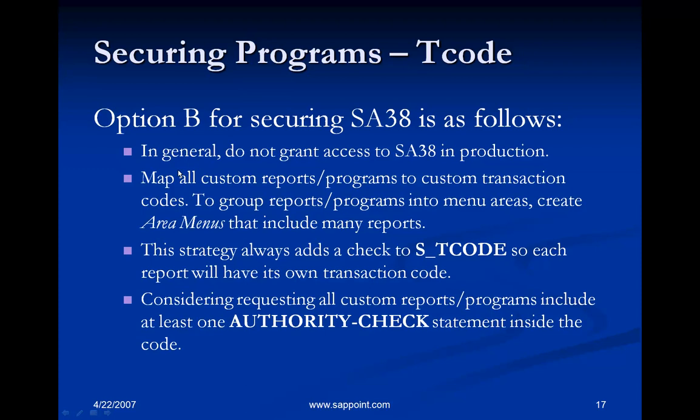So the other alternative that you have is to map all custom reports and programs to custom transaction codes, meaning for every program that the user needs access to, you create a custom transaction code. Now, if you want to give access to these programs in a group, then you can create area menus and give access to the area menus.